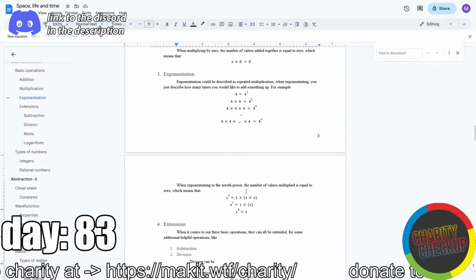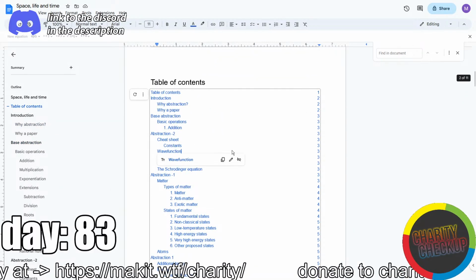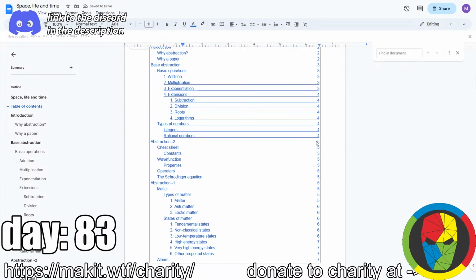There's so many of these. Our table of contents is getting quite massive. Extending to the other side, yeah.